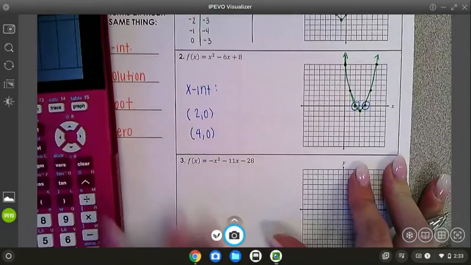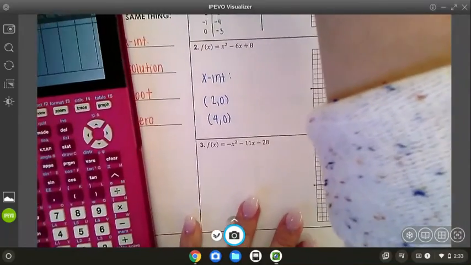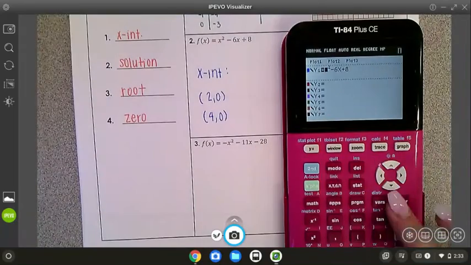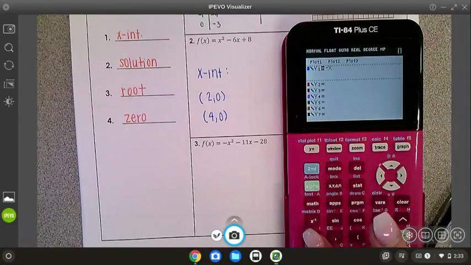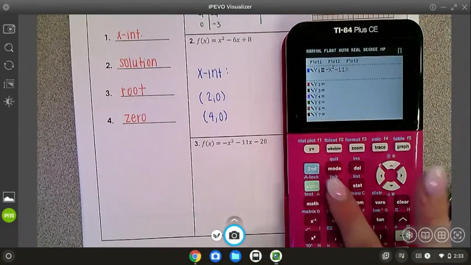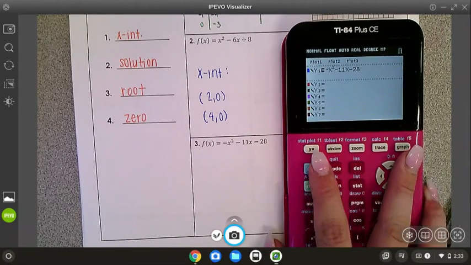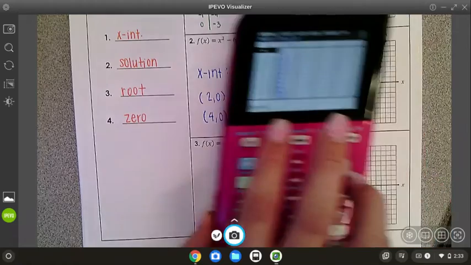And then the last one, oops. All right, go back to y equals negative x squared minus 11x minus 28. And we're going to go to the table.